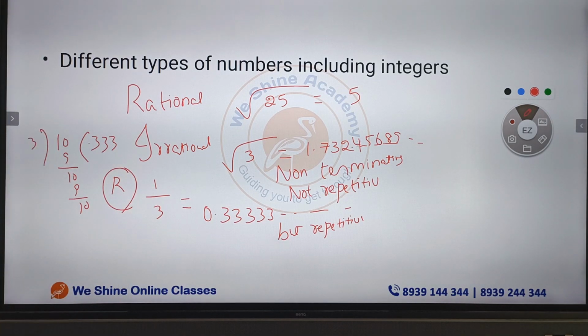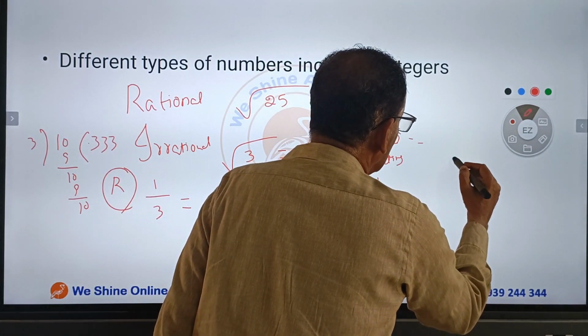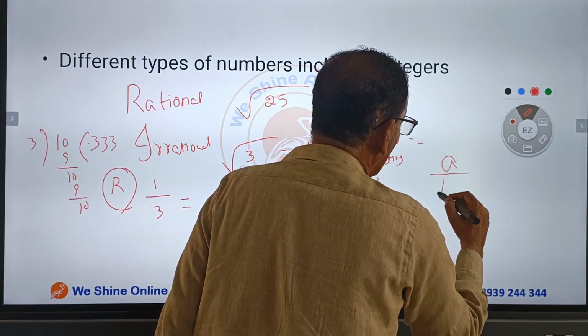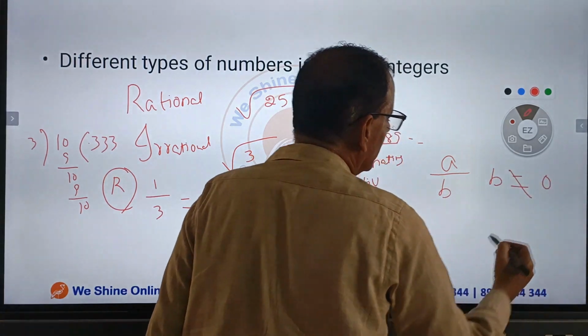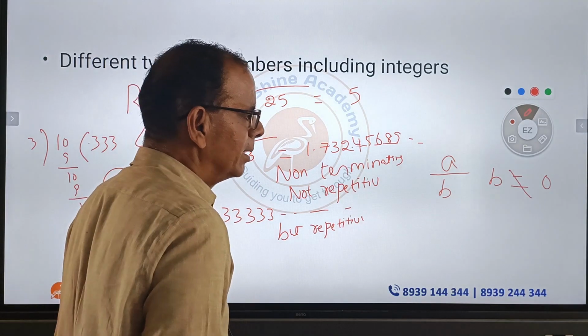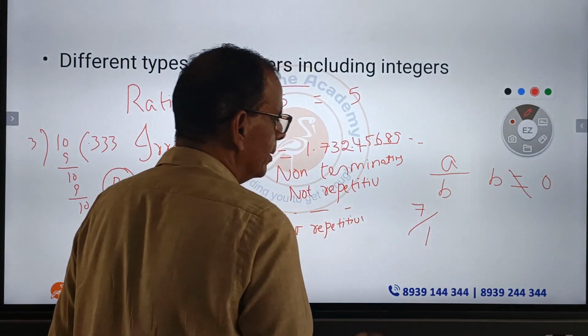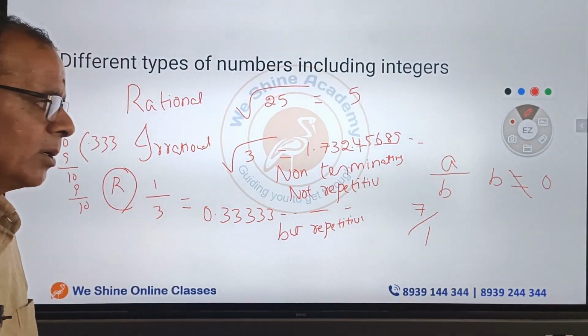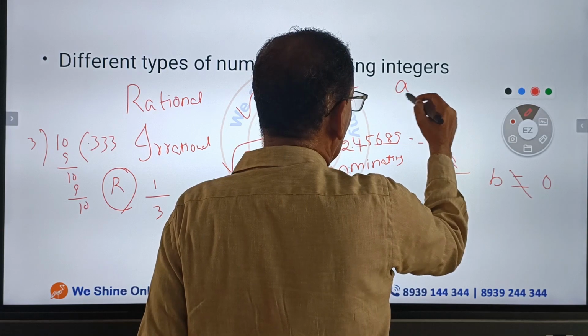Another definition for a rational number: it can be expressed in the form of a by b where b is not equal to 0. Suppose number 7, I can express it as 7 by 1. Why should b not be 0? Suppose a by 0, what happens?